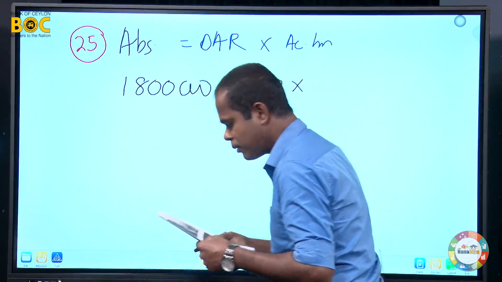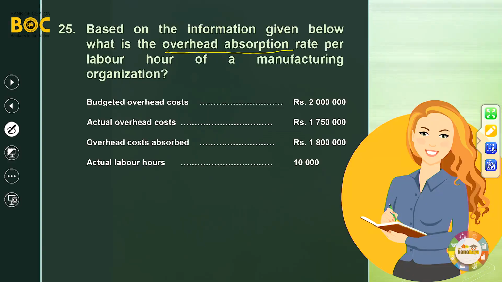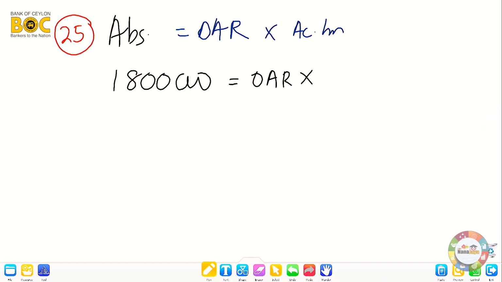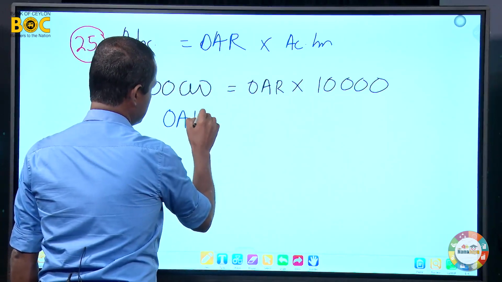So how many actual labor hours are given? Actual labor hours 10,000. You can calculate the overhead absorption rate.